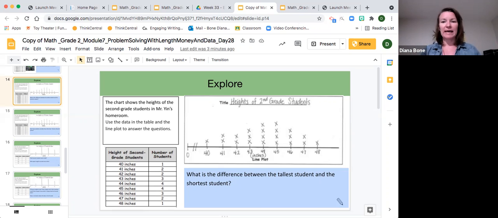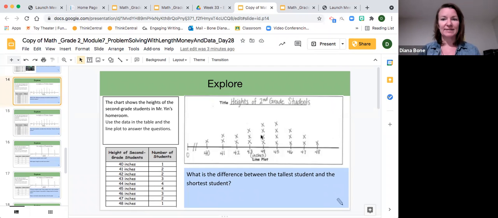You've got these X's, you can see my shared screen, and you're like, okay, I'm not sure if I'm supposed to be counting the X's or adding all these numbers together. So I'm going to walk you through something that I find really helpful for understanding line plots.